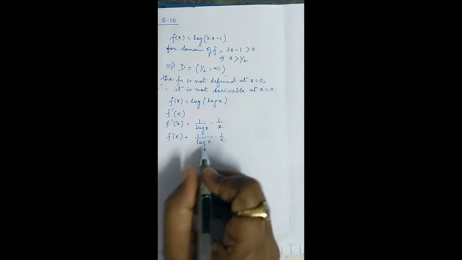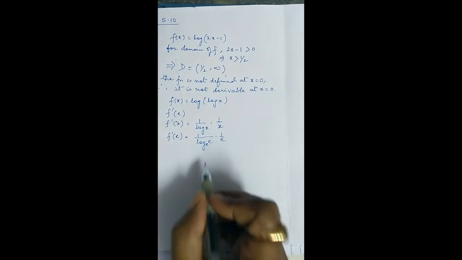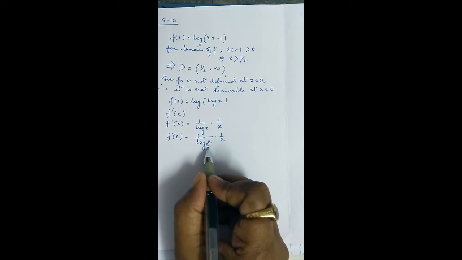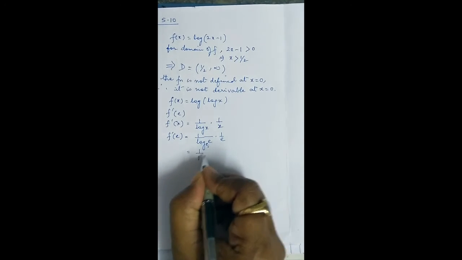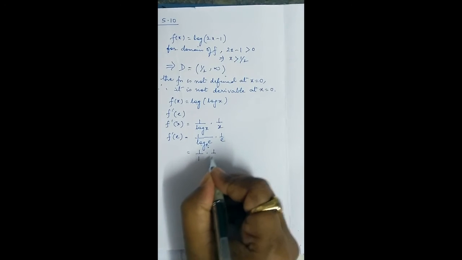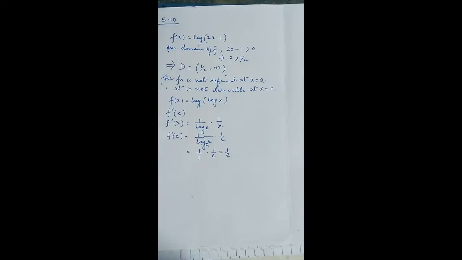Log of any number to its own base is always 1. So this is 1 into 1 upon e, which gives me the answer as 1 by e, right?